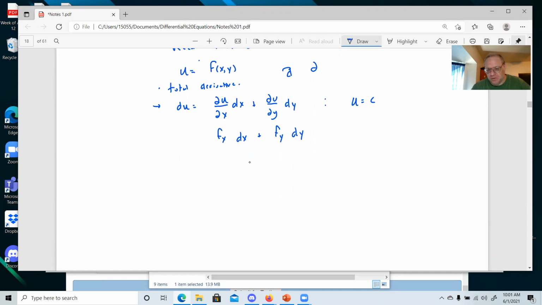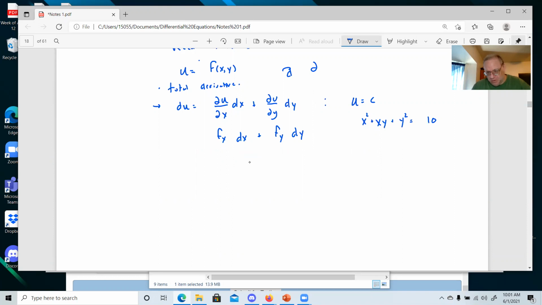If you go to Desmos and type in something like x squared plus xy plus y squared equals 10, you'll see it. If you don't say equals 10, it won't graph it.